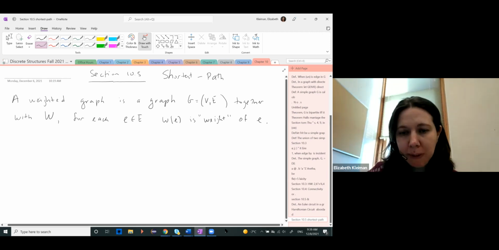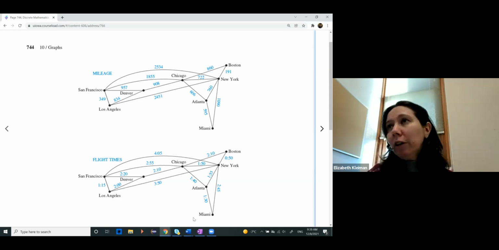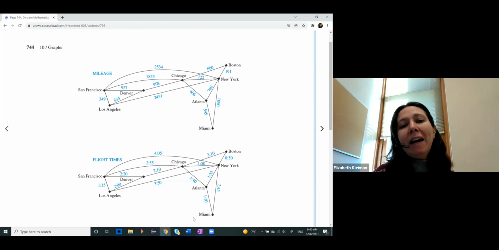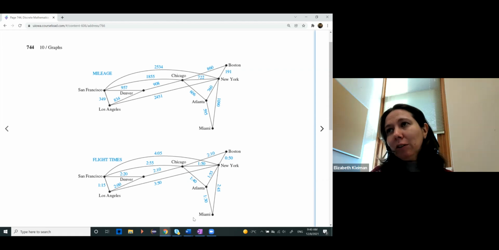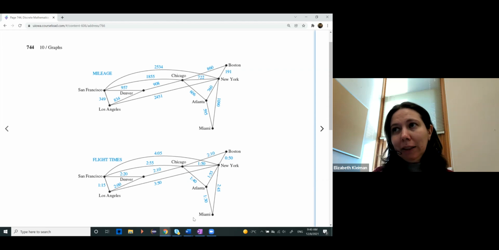Back to my picture, the graph I showed you is a weighted graph, and you can see the weights are in blue. So every edge has a function associated with it. Now in the first top graph, my weights are mileages, correct? In my second graph, my weight can be a time, yes?